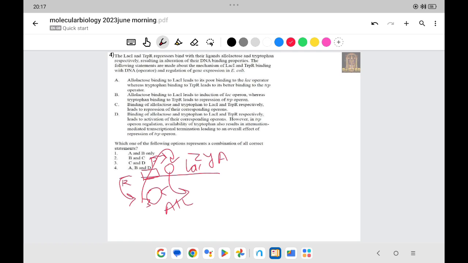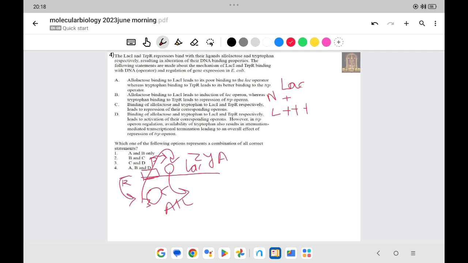So in the case of the lac operon, in the normal condition, when there is a deprivation of allolactose, the production of these enzymes is too low. But in that ligand condition, the production is too high, because at that time the repressor is not present there.